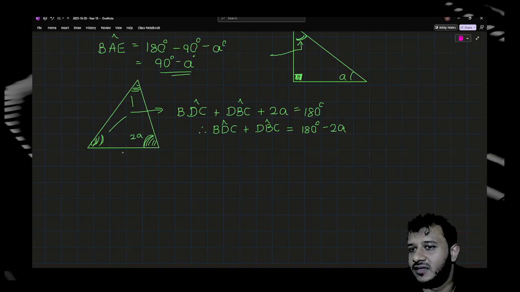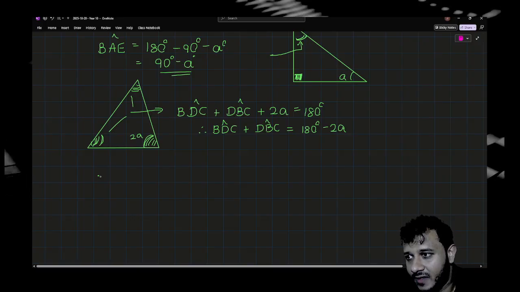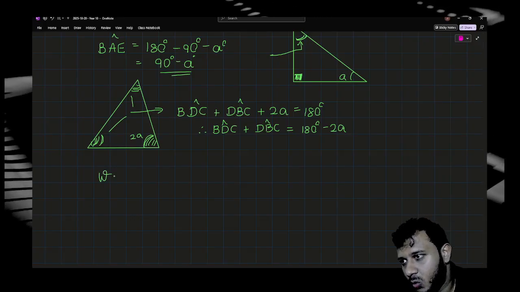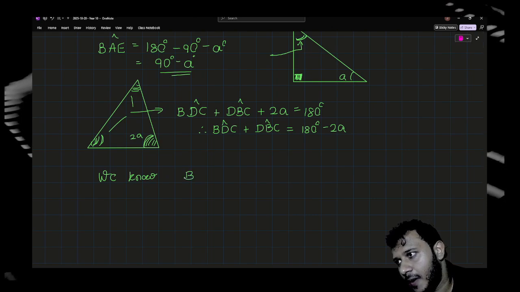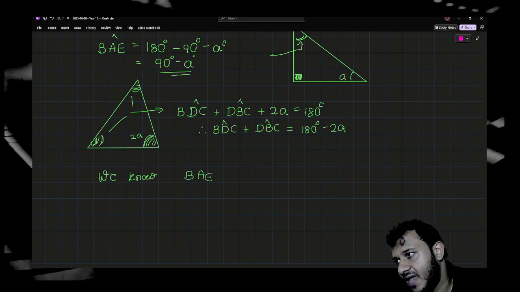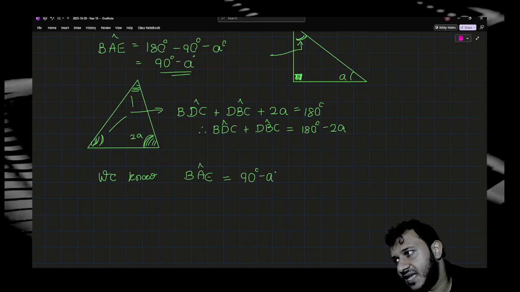Okay, look here. Let's write down. We know BAE angle is equal to 90 minus A degrees.